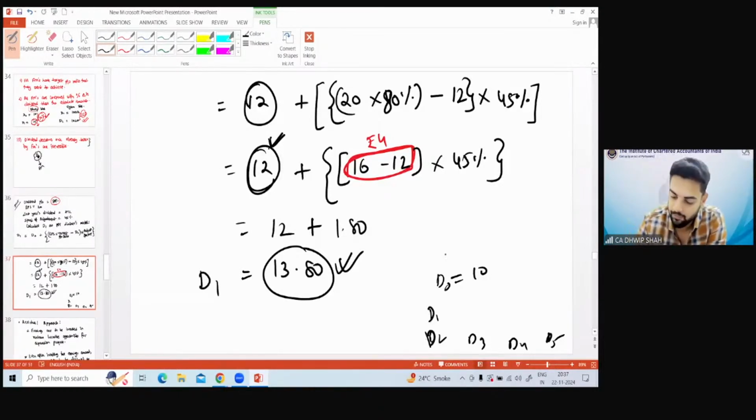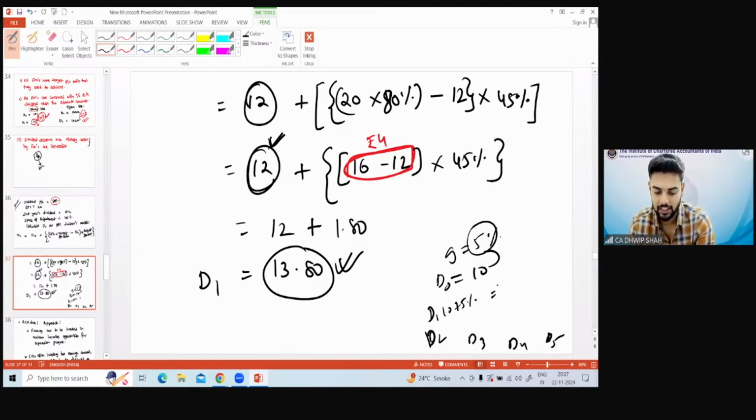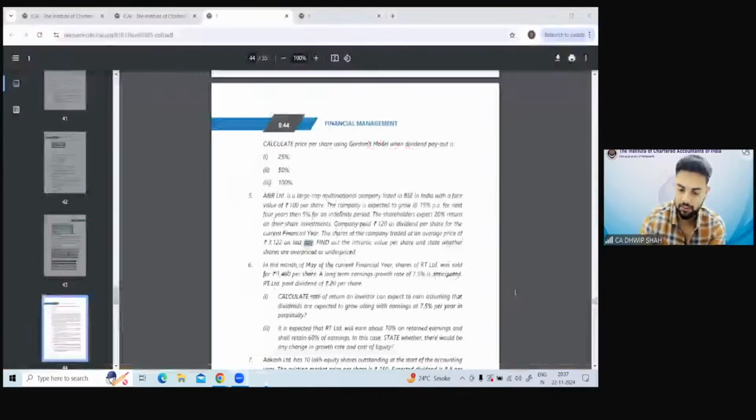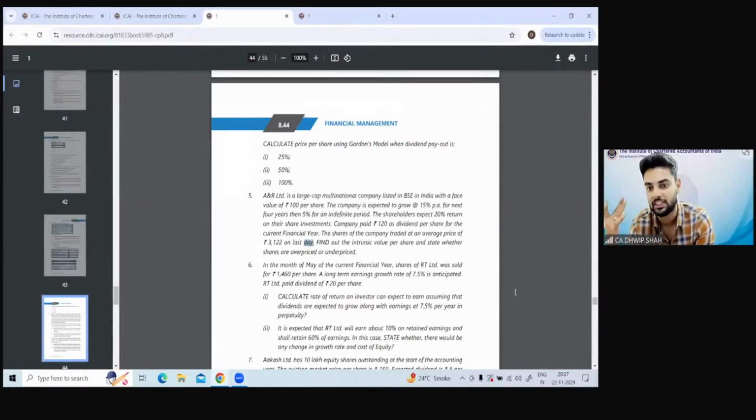So if growth is 5%, every year dividend will grow by 5% only. D1 is 10 plus 5%, how much? 10.5. D2 is 10.5 plus 5%. So the dividend amount will change, but at a constant growth rate. Under the constant dividend approach, the dividend amount doesn't change.